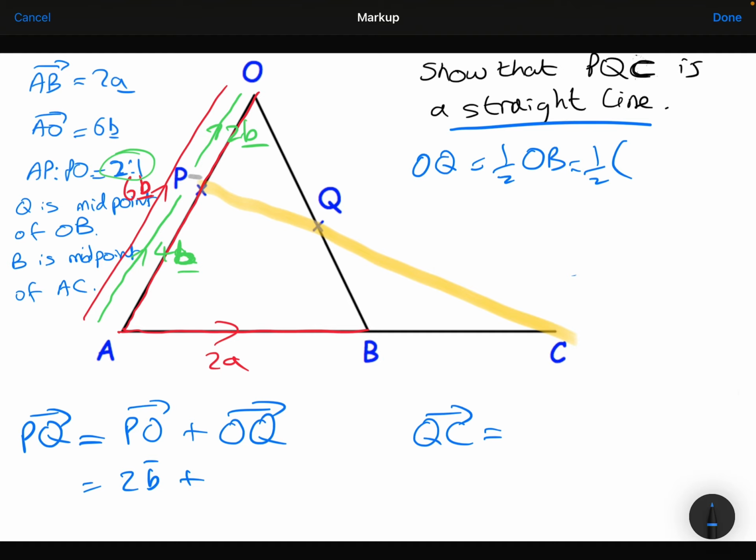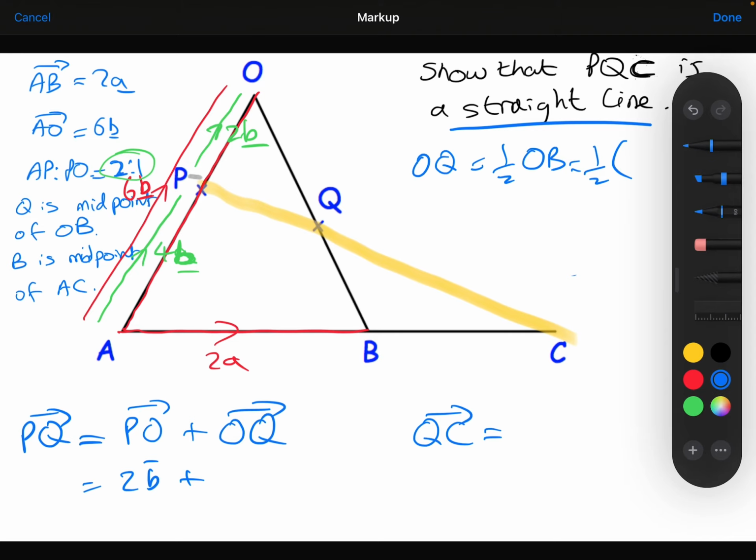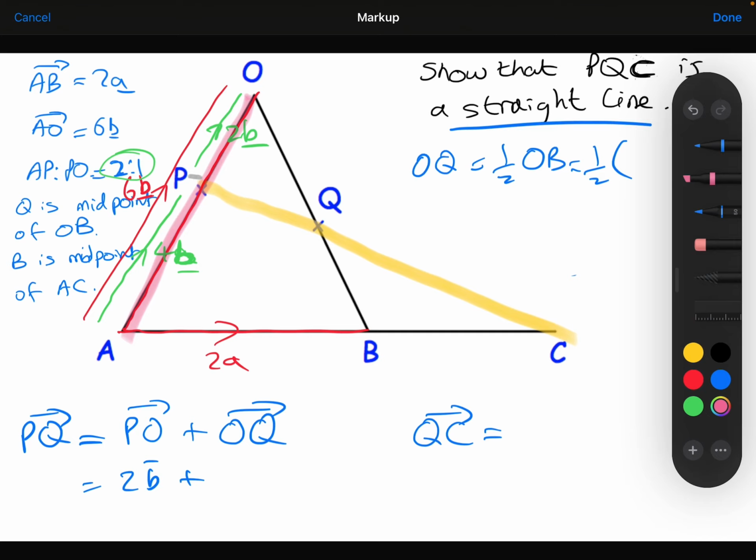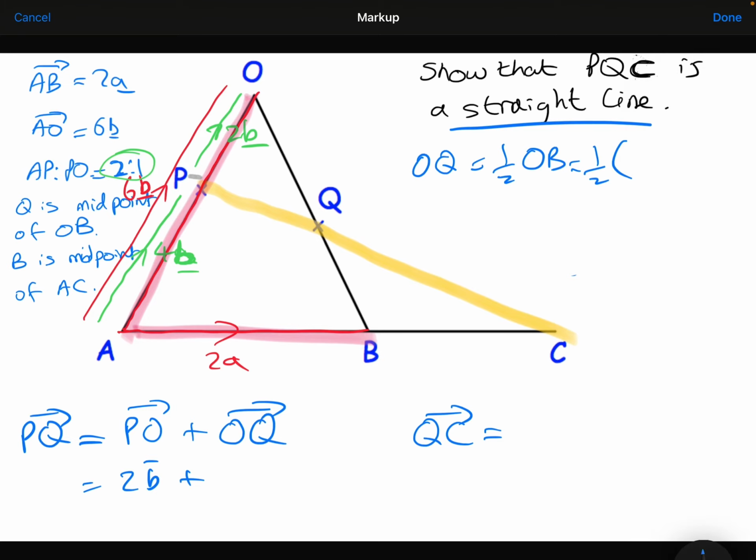Now, OB, I know what that is because I can go from O to A, and then A to B. So that will be minus 6b, and it's a minus because I'm going in the opposite direction to that 6b, plus 2a. So if I halve that, I get minus 3b plus a. So that is the vector from O to Q.